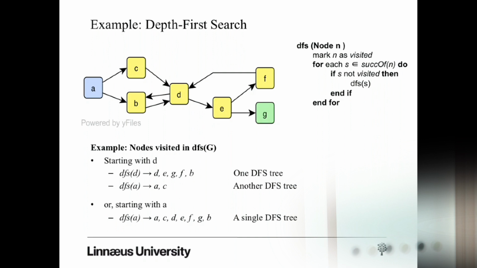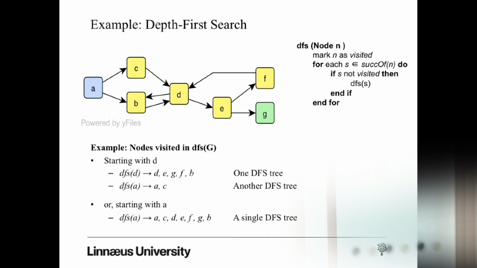F has only one successor, which is D. Then we check the condition: if D is not visited, that condition now should be false, because we have already visited D. So in that case, this will not be called, and our control will come back to E, because when you call the method recursively, it transfers your control back to the method from where you called it.